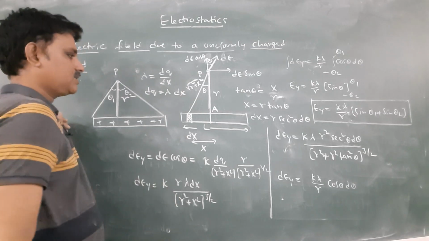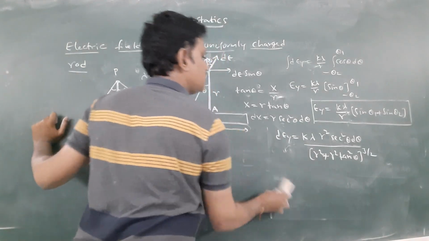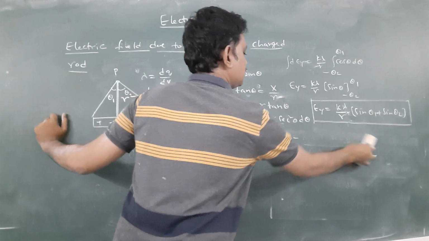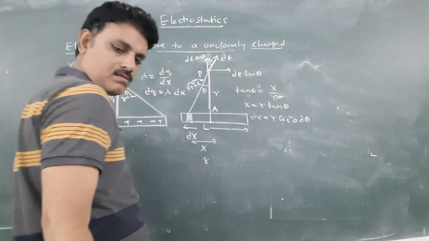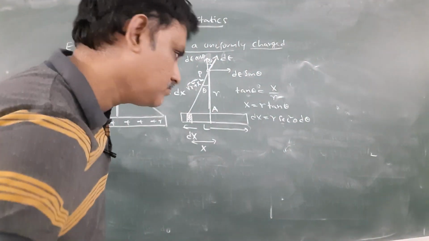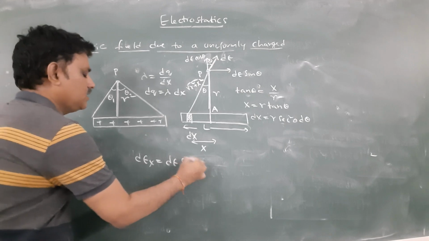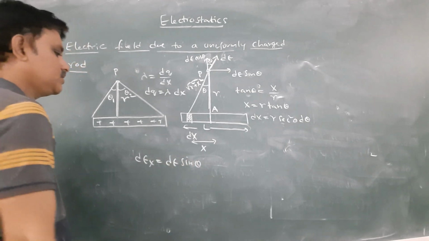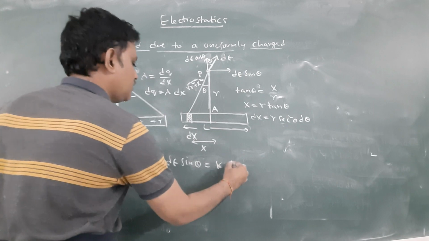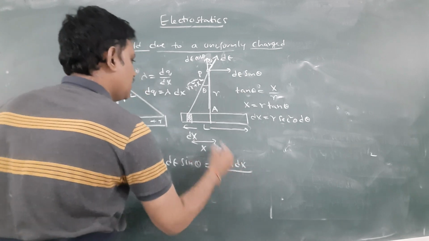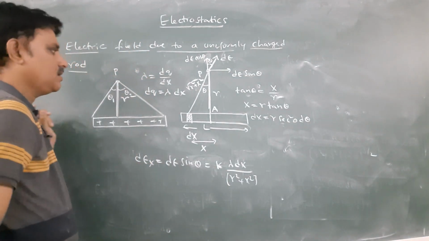So along x direction, dEx is equal to dE sin theta. dE is equal to k into dq, dq is equal to lambda into dx, by r square plus x square, into sin theta.